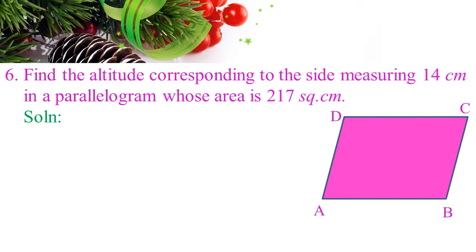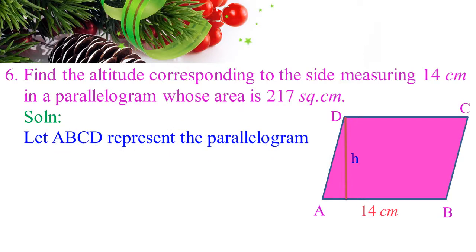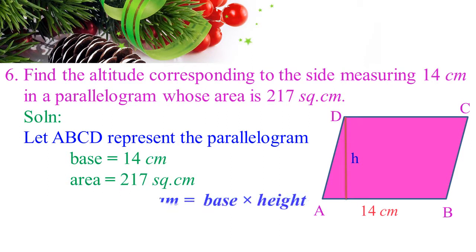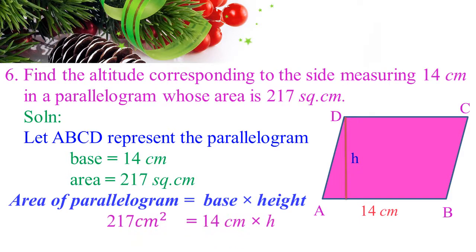Base A and height or altitude B. Here PQ is parallel to SR and PS is parallel to QR, and also PQ of A equal to SR of A, PS of B equal to QR of B. Opposite sides are equal and parallel.